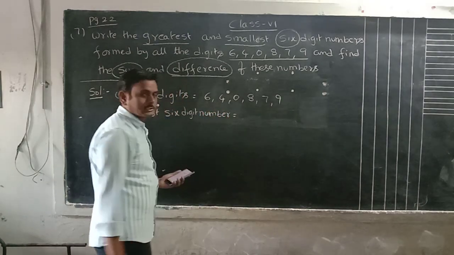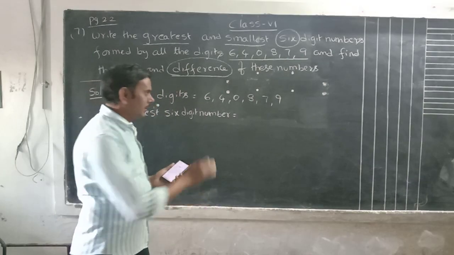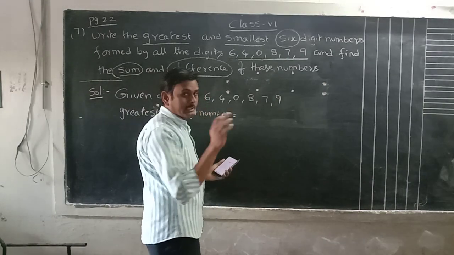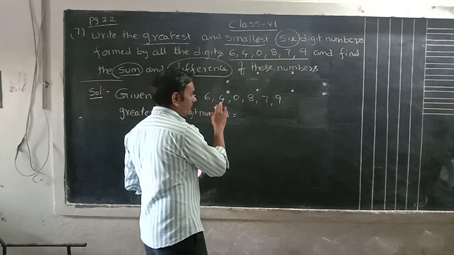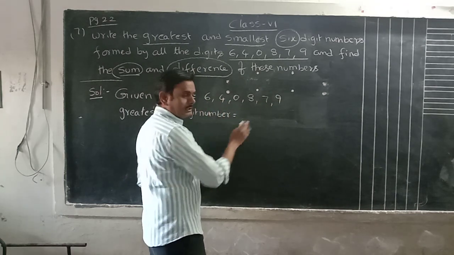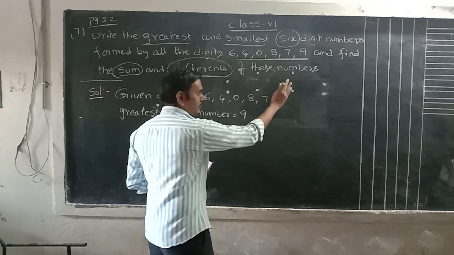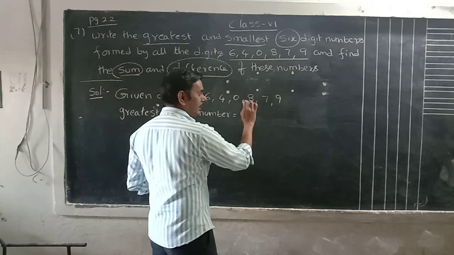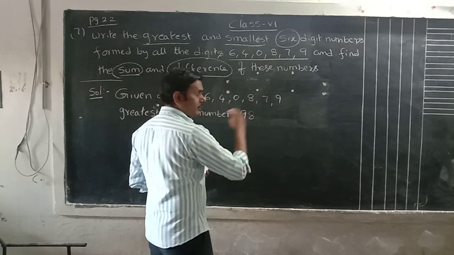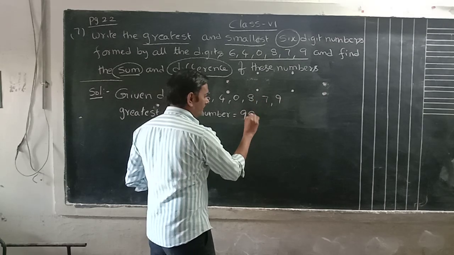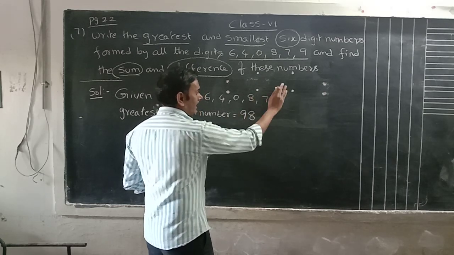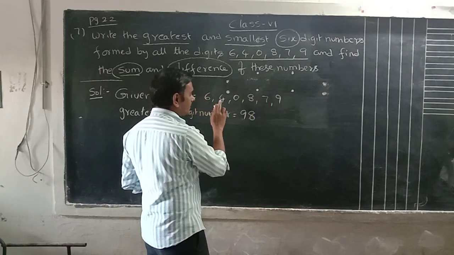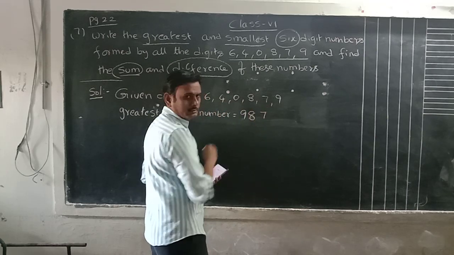To prepare the greatest number, very simply you have to remember: out of all given digits, which is the greatest? That one you have to write first. 6, 4, 0, 8, 7, 9. Which is greater? 9 is greater. Later, 8 is greater. Like that you have to follow the order. After 9, 8, from 6, 4, 0, 7, 7 is greater.